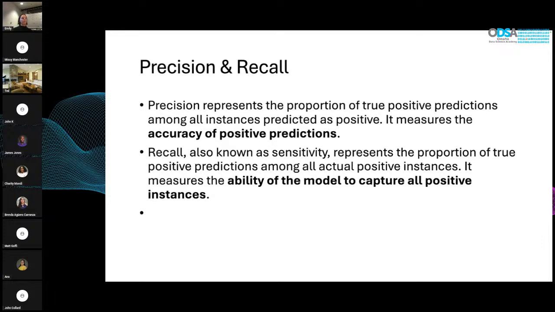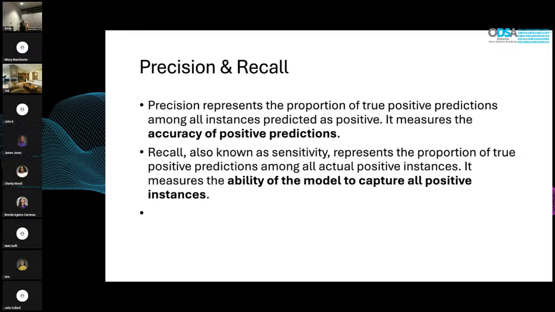So if we have a fraud data set, and this is our true, and here's our pred, and we predict 0 for everything. Let's say there's more in here.